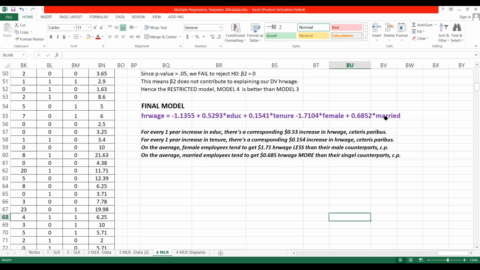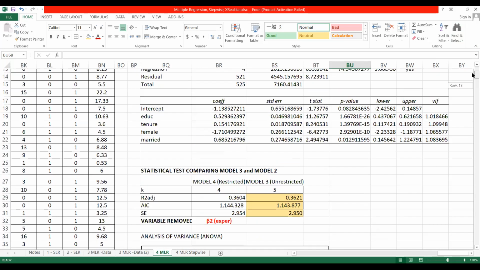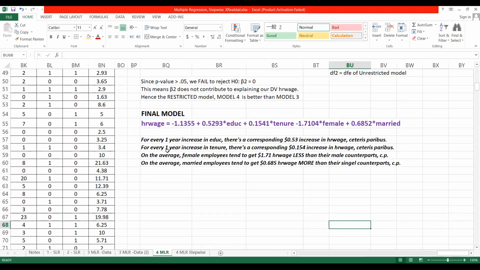Kasi positive to. And remember, guys, yung base natin dito is single. Okay? So this is your final model, guys. Yan. Ito na yon, no?